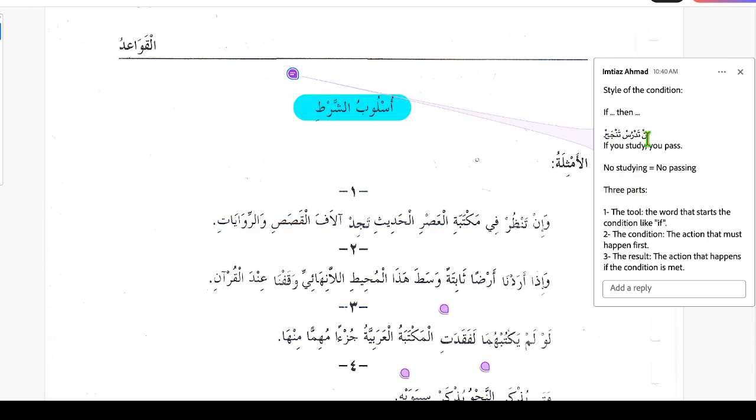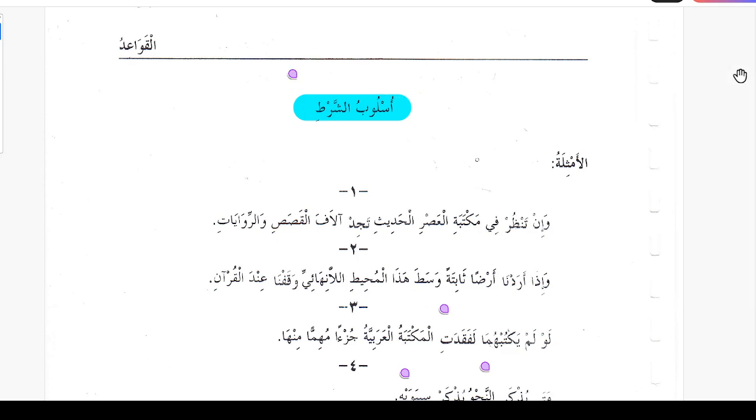So the first part is called the tool, the word that starts the condition, like in is one of those tools. The second part is the condition, the action that must happen first, and the third part is the result of the condition. If the condition is fulfilled, then what is the result? That is the third part, the action that happens if the condition is met.